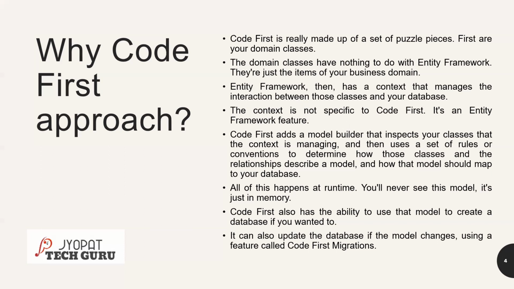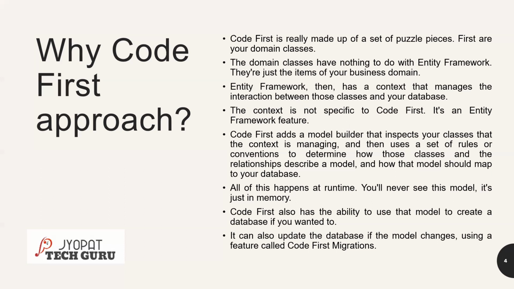As we are highlighting in this series, in a code first approach, we create the domain classes, and using Entity Framework, we generate the database as well as tables. Code first also has the ability to use that model to create a database if you want. It can also update the database if the model changes using a feature called code first migrations.